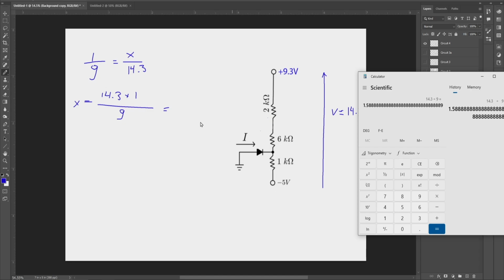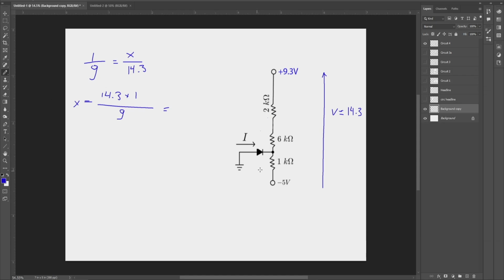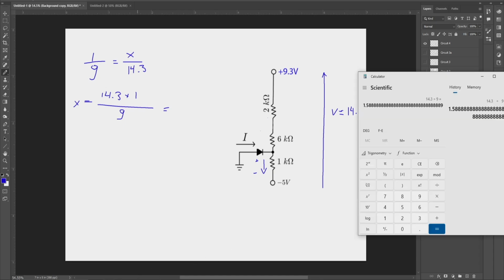So the current is going to flow this way. All right, cool. This is going to be the positive side, and this is going to be the negative side of the resistor. And what do we get? That calculation of the voltage drop, let's say 1.59.